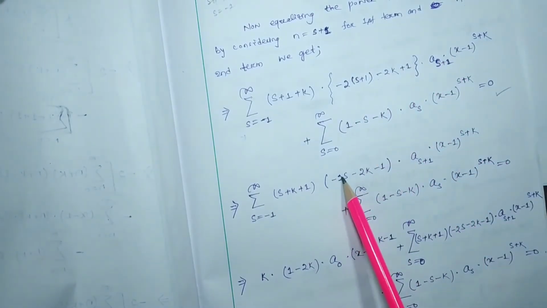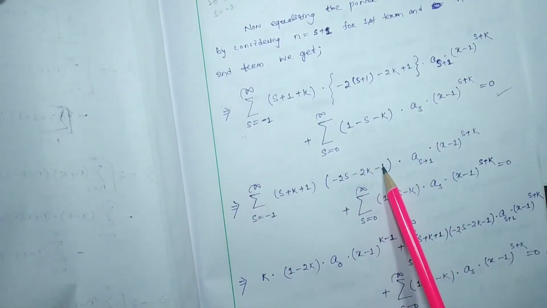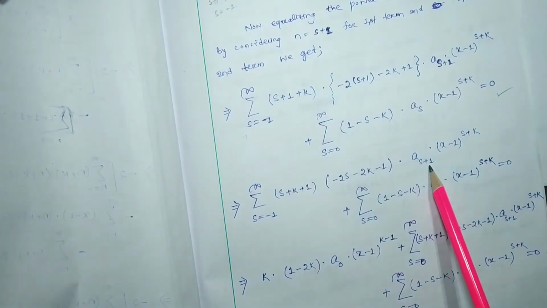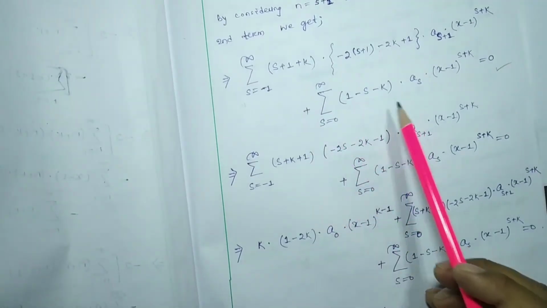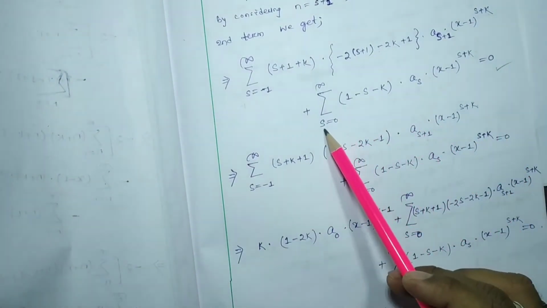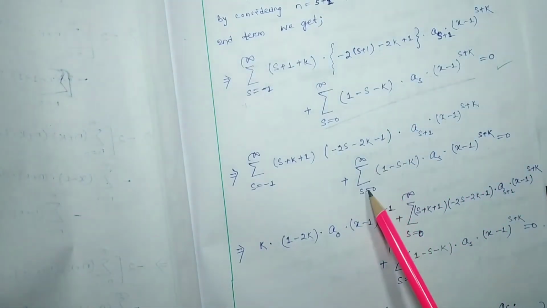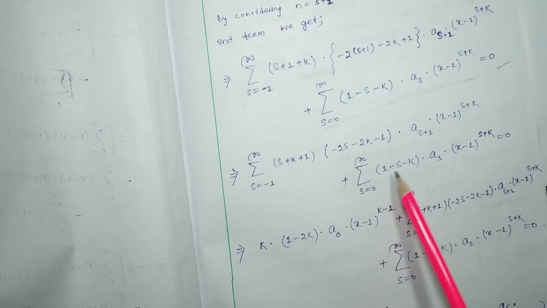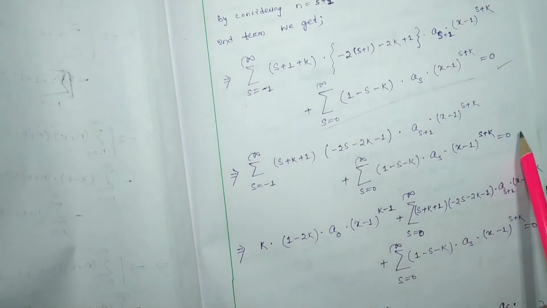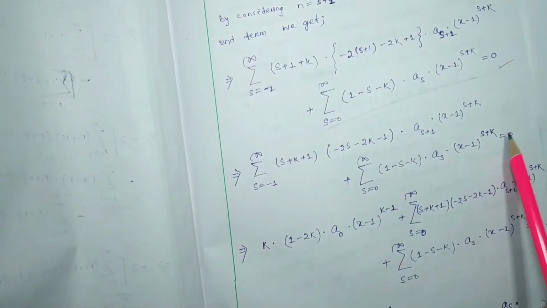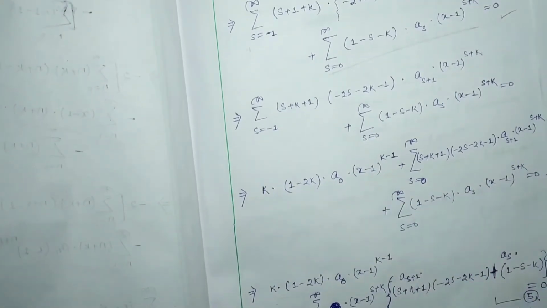So it will be minus 2s, here minus 2k, here minus 2 plus 1, so it will be minus 1 into a_s plus k and (x minus 1) to the power s plus k, here it is written the same, nothing changed, okay, equal to this much. The sum from 0 to infinity of 1 minus s minus k into a_s into (x minus 1) to the power s plus k, let it be equal to 0. Now come to the next step.